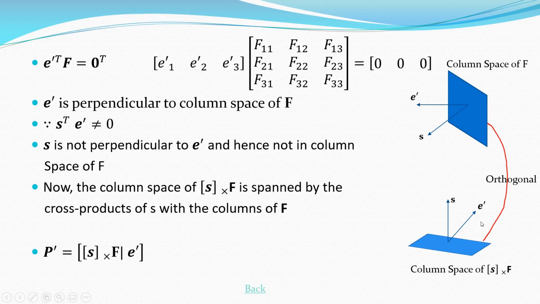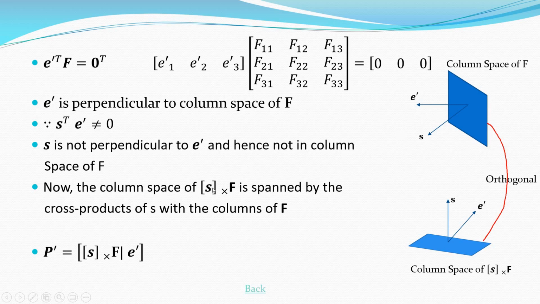I hope this is clear. So let us just see it once again. This is the column space of F that is spanned by these vectors that we have. Now, since its dot product is 0, hence E cannot lie in the column space of F. That is the first thing.